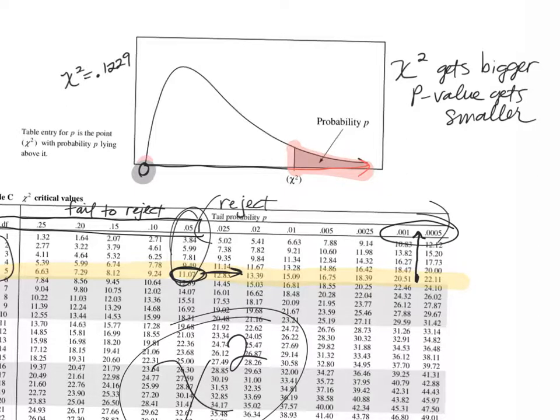Was as expected. That's right. Could they be exactly as expected in most cases? No, because your expected was decimals, and of course your observed is a whole number. But it's as close as it could possibly be to the expected.